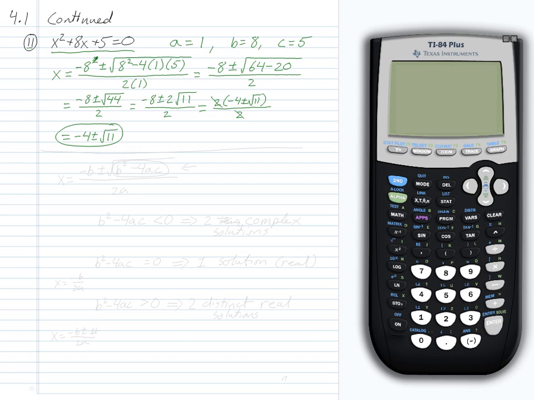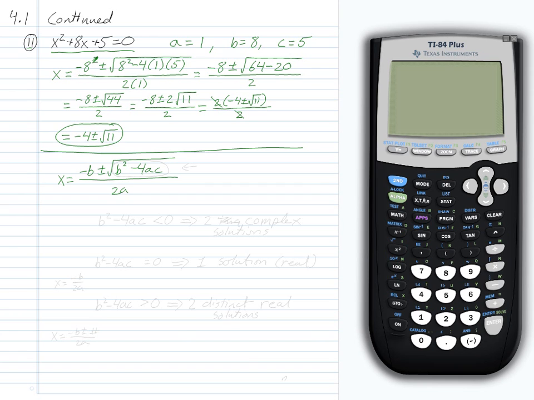Now when you're using the quadratic formula, you have the possibility of taking the square root of a negative. Remember x equals the opposite of b plus or minus the square root of a quantity b squared minus 4ac all over 2a. So your solutions will always look like this.